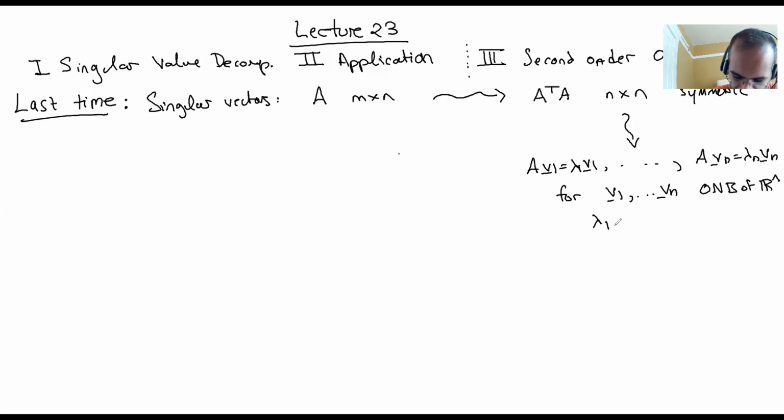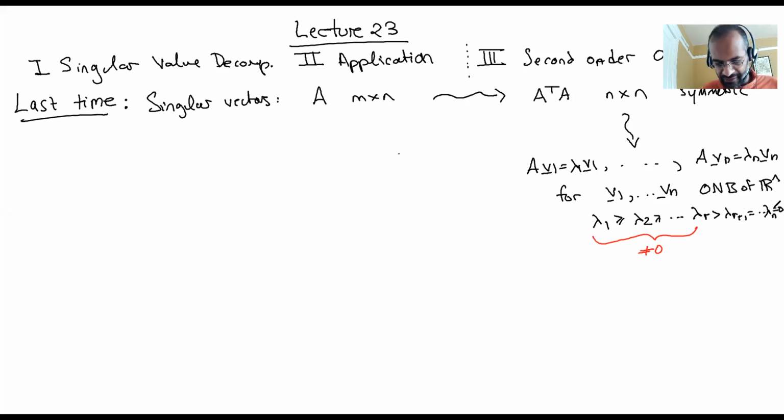And these lambdas are the eigenvalues, and we saw that they were non-negative, and so we can order them like this. And it was important to count how many were positive. So let's say the first r of them are not 0. And then let's say the rest of them are 0.